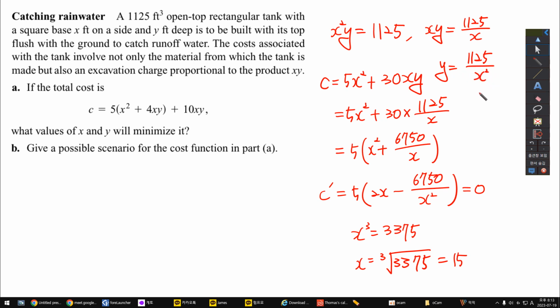So what's the y value when x is 15? Oh, let me think.